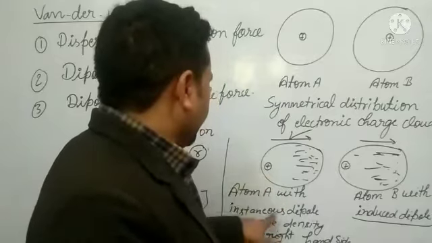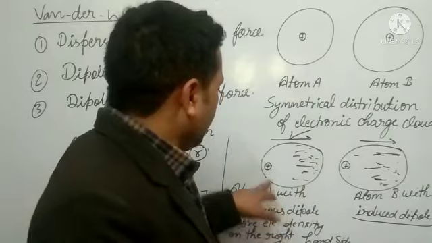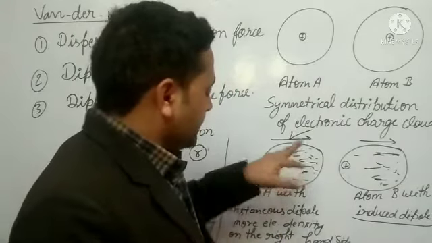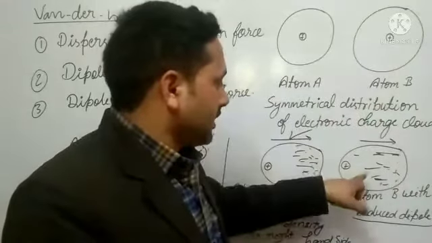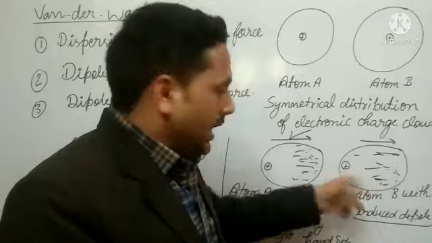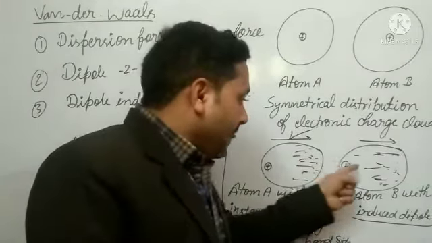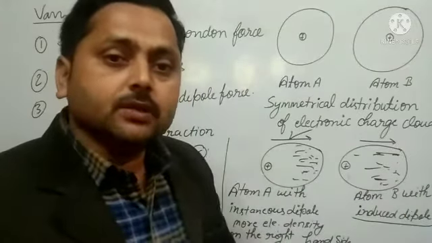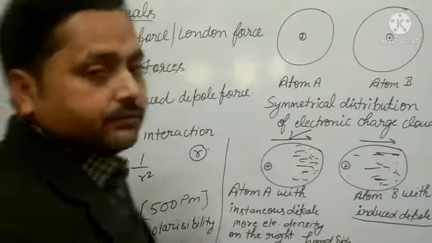And here the electron density is more, and there the positive charge is more. So in other words, this electron will attract the nucleus of the other atom because it is closer to that, and that will induce a dipole in atom B. So we say induced dipole or dispersion force or London force here.